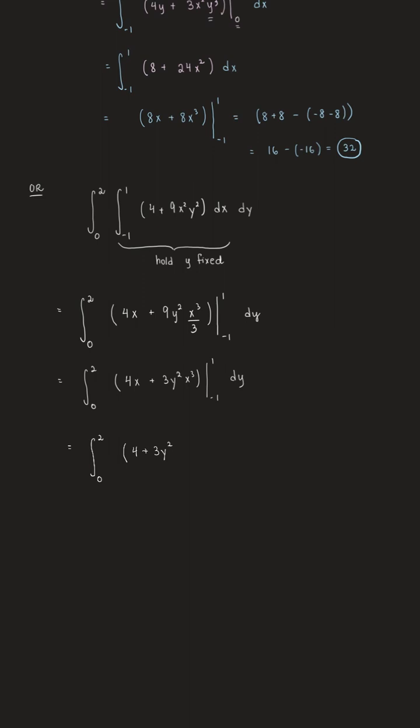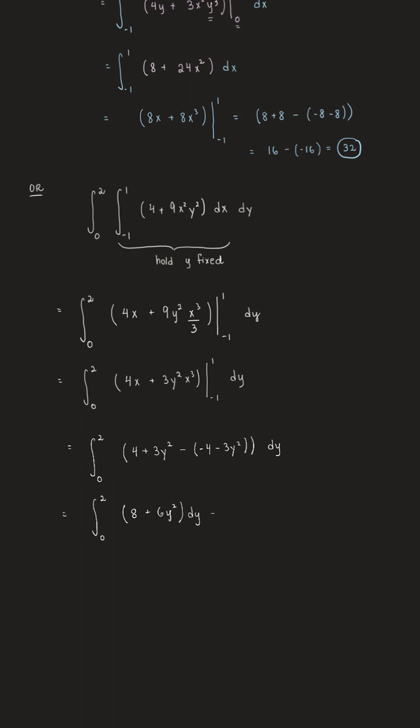When x is negative 1, I'm going to have a minus negative 4 minus 3y squared, dy. Now we have an integral with respect to y only, and it looks like I've got a 4 plus a 4, an 8, I'm just combining some like terms here, plus 6y squared dy.